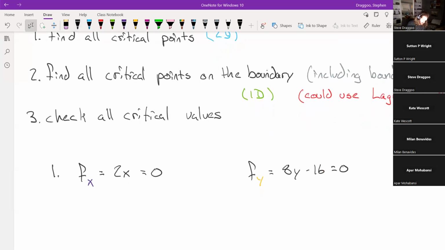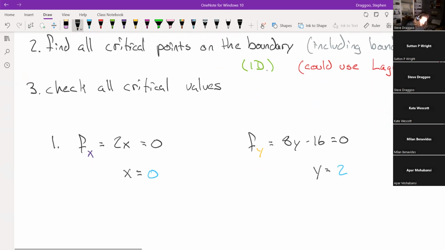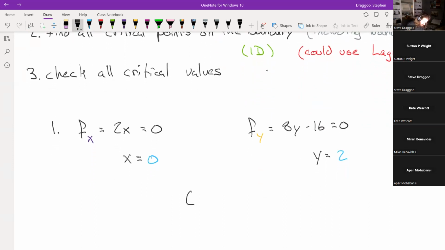I have 2 equations, and each one has 1 solution: x equals 0 and y equals 2. Meaning that I only come up with 1 critical point, (0, 2).